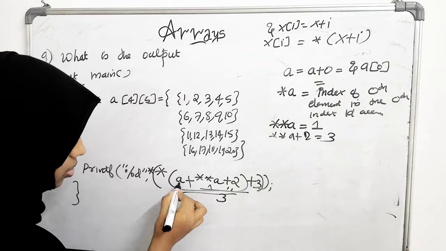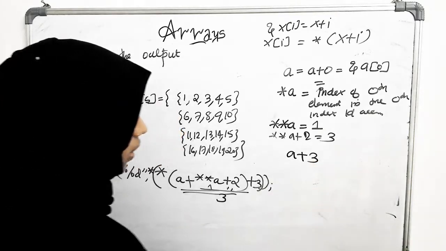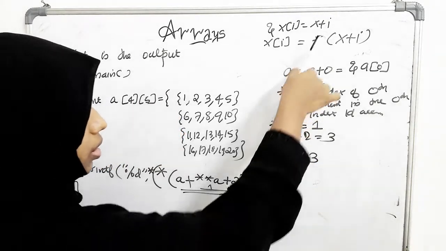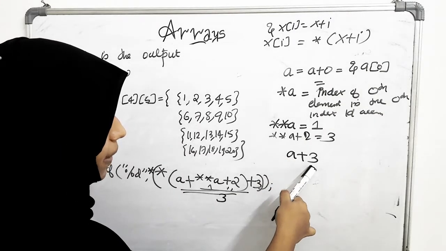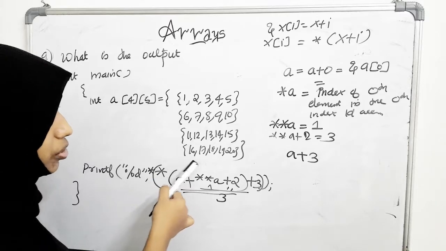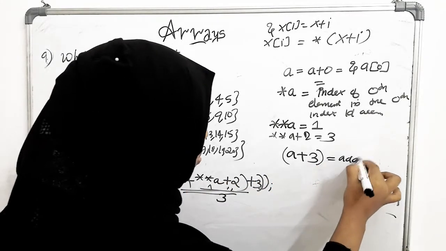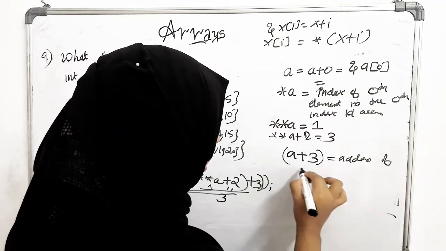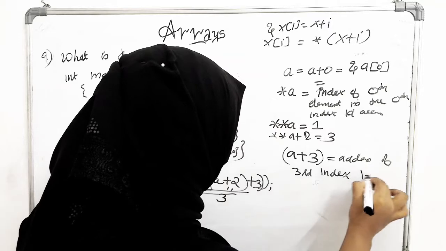Now when you look at this, this is A plus 3. Like x plus i, here it is A plus 3. When it comes to the two-dimensional array, A plus 3 is the address of the third index 1D array.